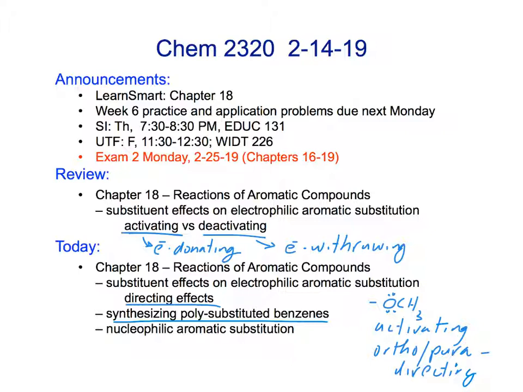Once we've done that, I don't know if we'll make it through all this today, there are a couple of other reactions called nucleophilic aromatic substitution reactions. So far we've only looked at electrophilic substitution. These will be reversed, and the benzene ring will act as the electrophile rather than the nucleophile.